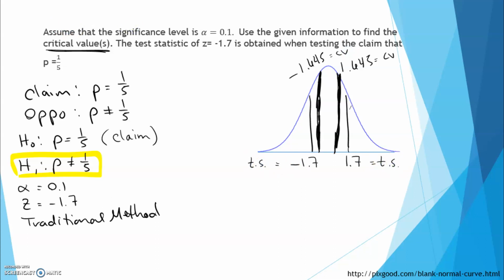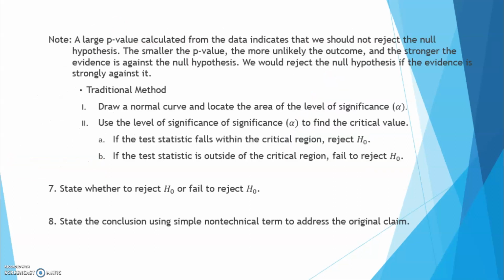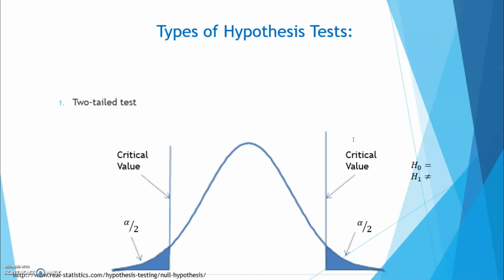Now, when you're in the traditional method, if the test statistic falls within the critical region, reject H sub 0. Okay, so we're in a two-tailed test.